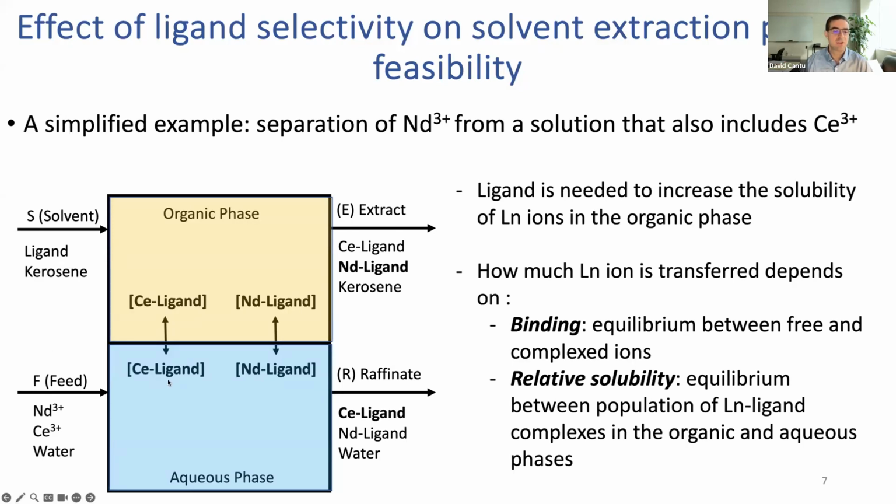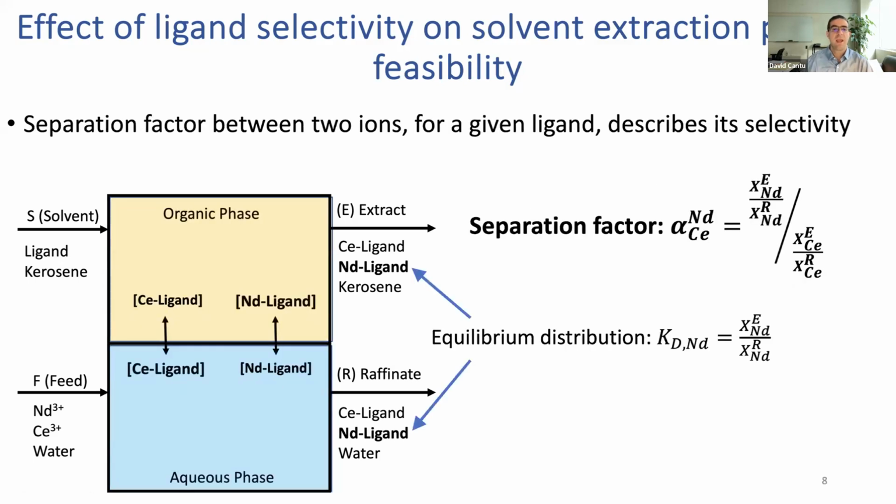Now, I am not showing the binding equilibrium because it's not exactly clear where it happens. If it happens at the interface, if it happens in the aqueous phase, there's still a lot to study there. But how much lanthanide ion is transferred is going to depend on the binding and on the relative solubility, and then you bring to the extract the lanthanides with the ligand.